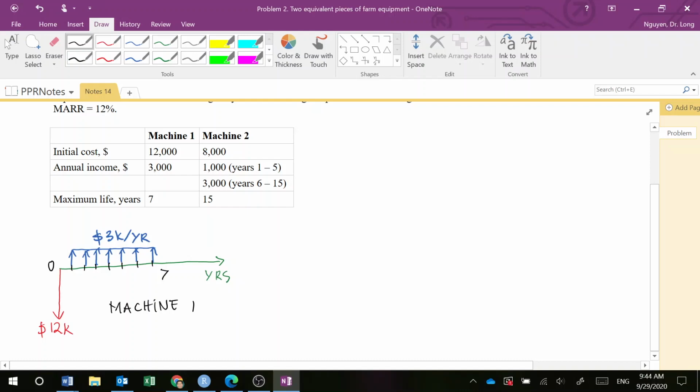And then similarly, we have Machine 2. The time scale is in years, and the life is 15 years. So we have 0 to 15 years, marked at 5, 10, 15.